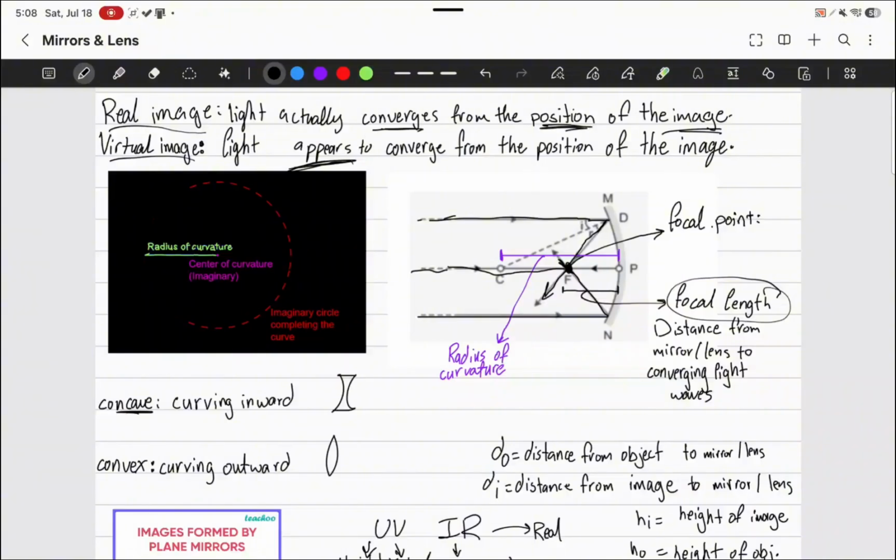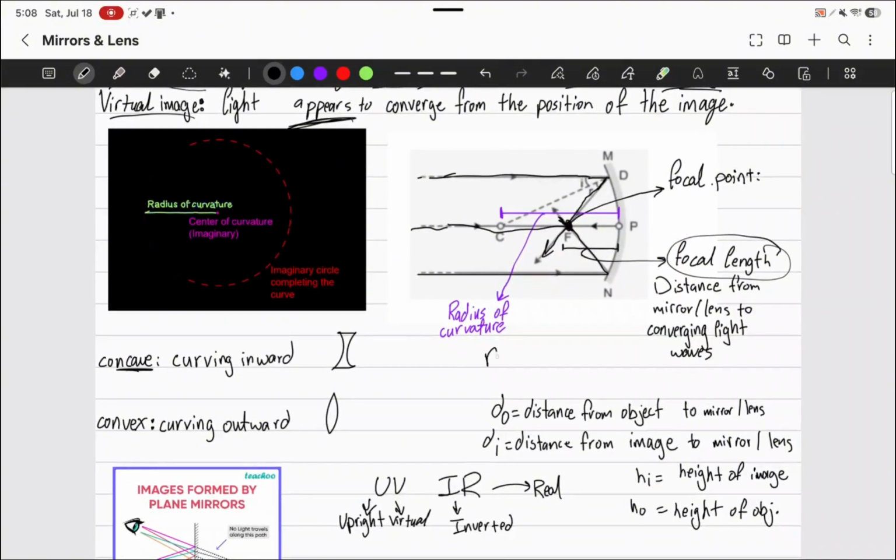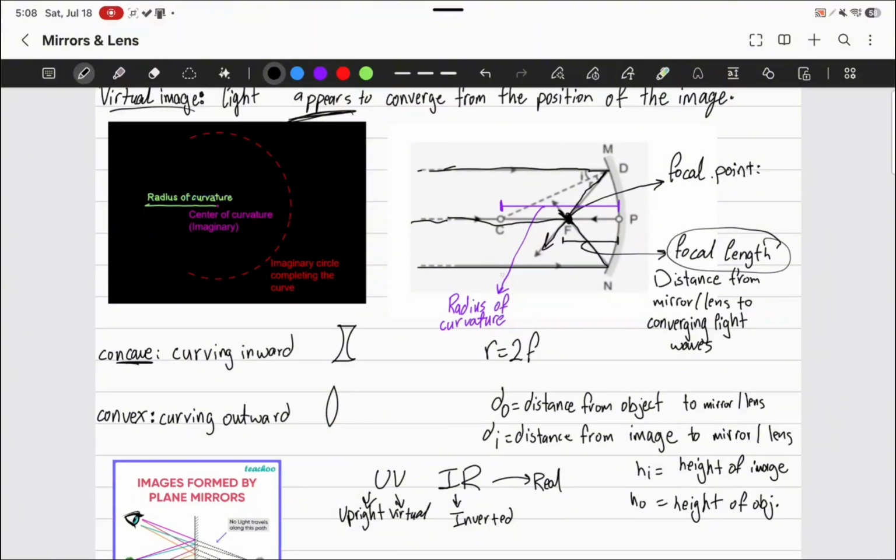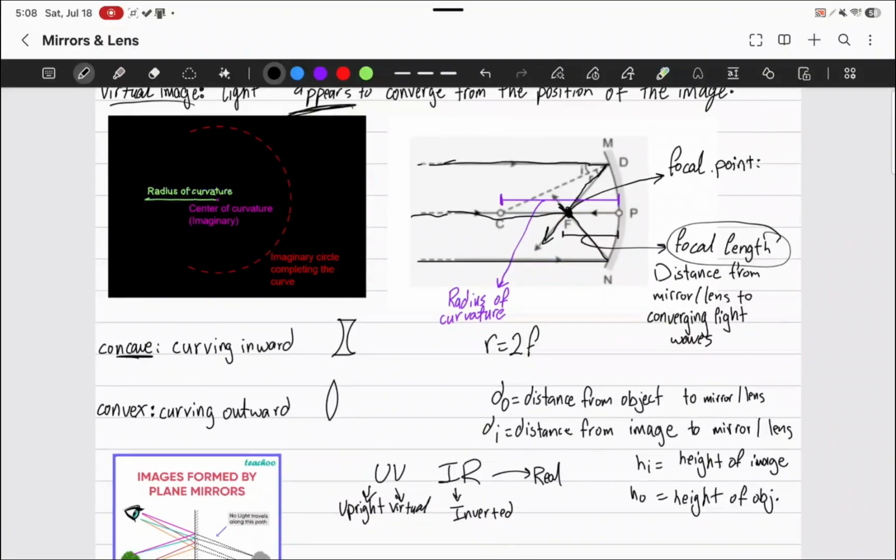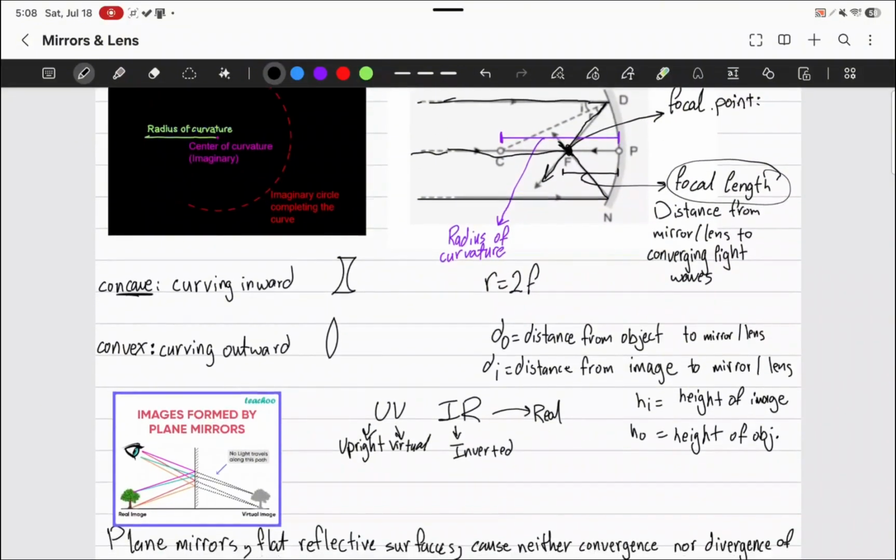The important thing about the radius of curvature is that it's 2 times the focal length. So focal length times 2 gets you the radius of curvature, which is the distance to the center of curvature.